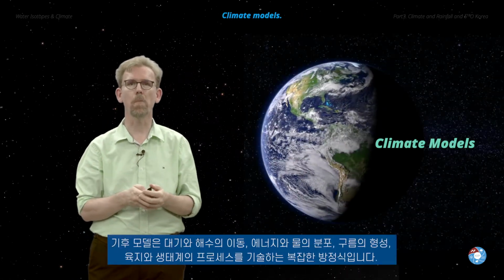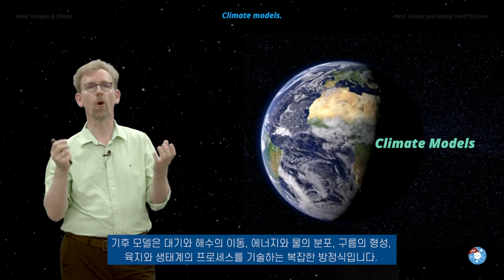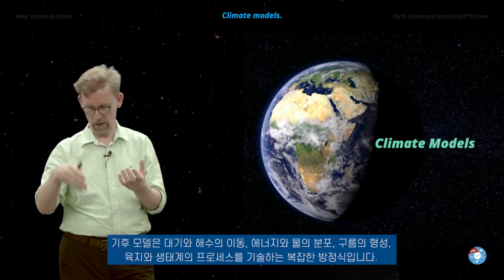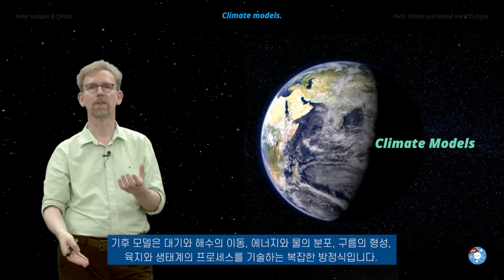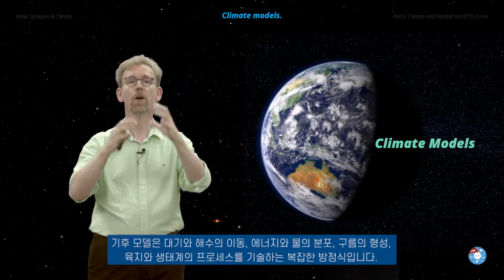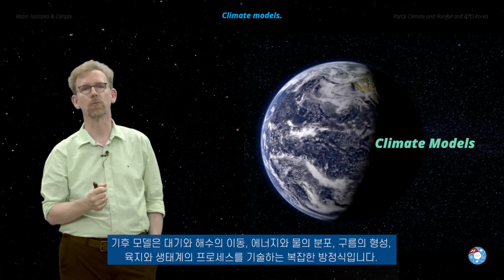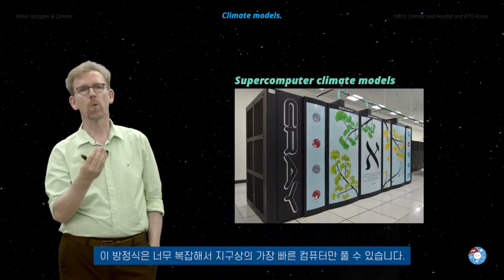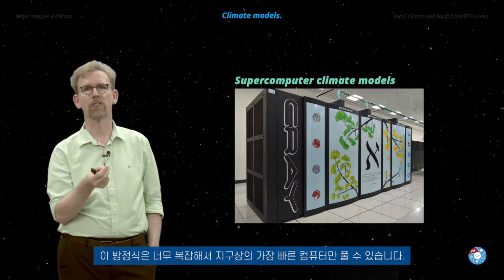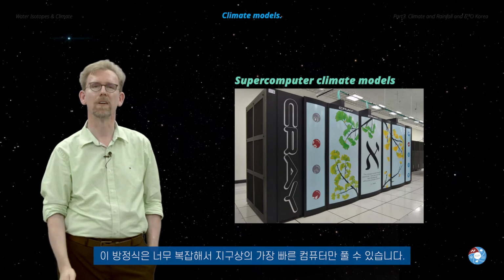Climate models are complicated equations that describe the movement of air in the atmosphere and water in the ocean, the distribution of energy in water, the formation of clouds and processes on land and in ecosystems. These equations are so complex that only the fastest computers on our planet can solve them.